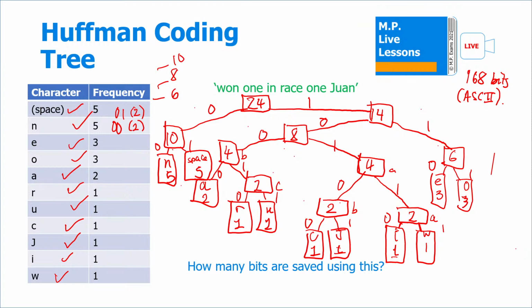Now if we go to try and find E, you go to the right, you go to the right, then right again, then left. So your bit pattern will be 110. So that's 3 bits. O, you follow a similar pattern, and that's 111 instead. So that's 3 bits.